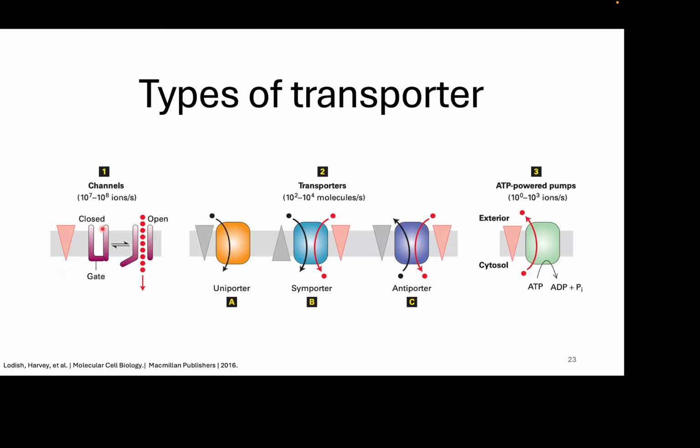Then for transporters, there are three different types: uniporter, symporter and antiporter. In uniporter, one molecule is transported along its concentration gradient. In symporter, two molecules are transported, one along the concentration gradient and another against the concentration gradient, in the same direction.